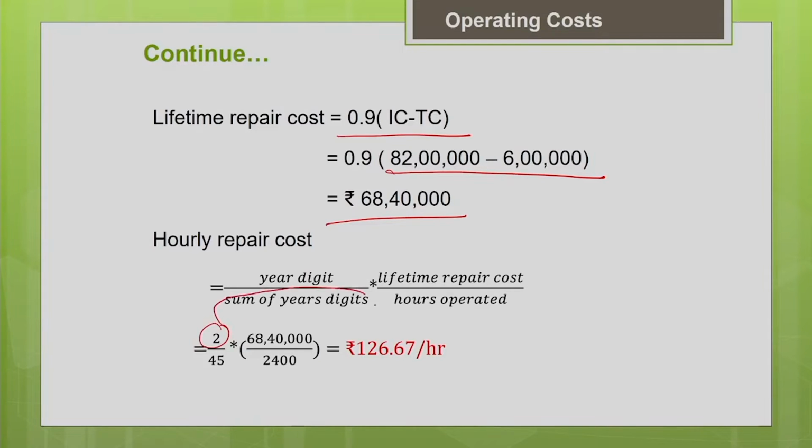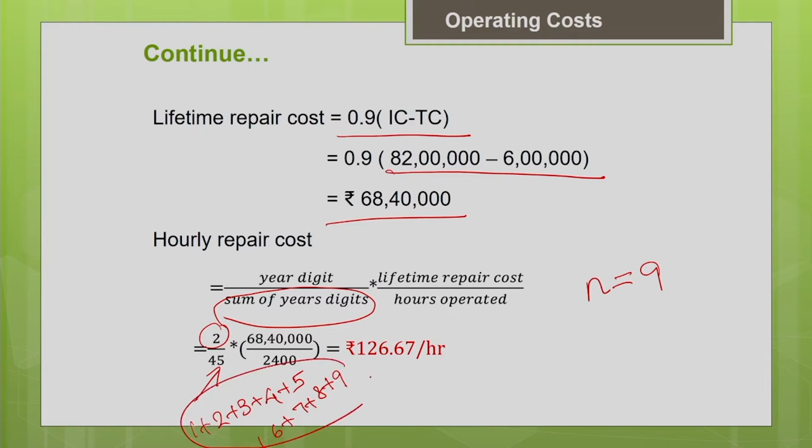In the denominator, the sum of the years digit. What is the total life of the machine? N equal to 9. How did you get this 45? 1 plus 2 plus 3 plus 4 plus 5 plus 6 plus 7 plus 8 plus 9. The sum of the digits in the life of the machine gives you 45.